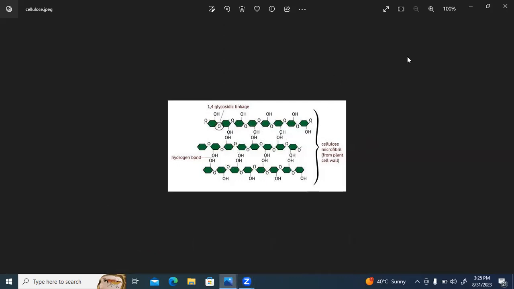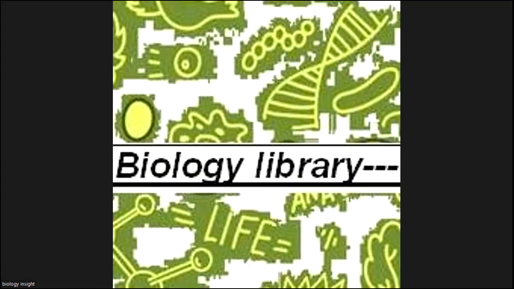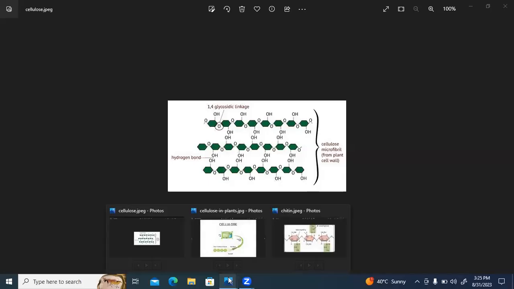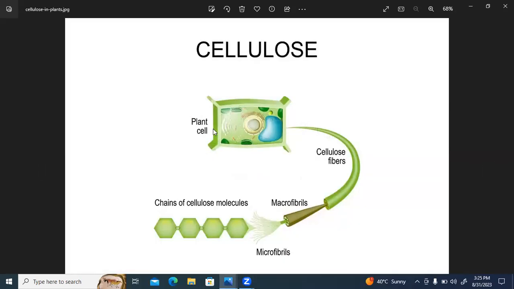Now, how does this beta glucose look in the plants? As we have studied, cellulose is the most abundant material found in the plants. This is the basic structural material of a plant. So here we have the plant cell. In the plant cell wall, we have these cellulose fibers.